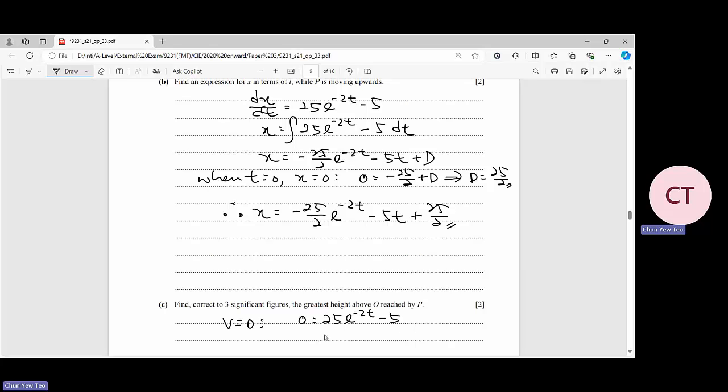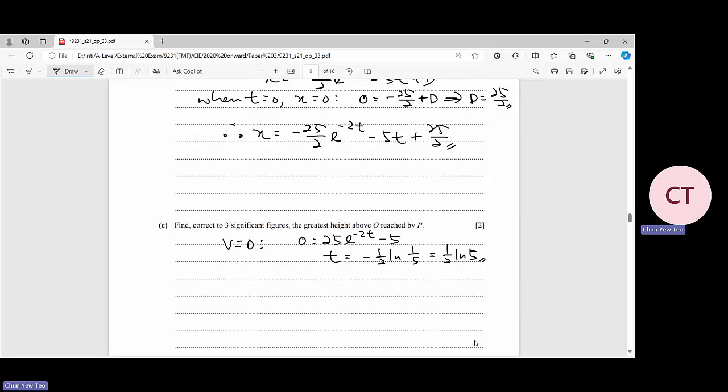Then you get t equal to negative half ln of 1 over 5, or you can say half ln 5. Okay, then when t equals half ln 5, what is your x?